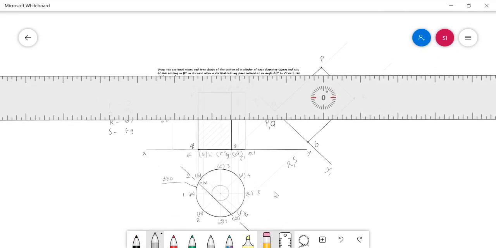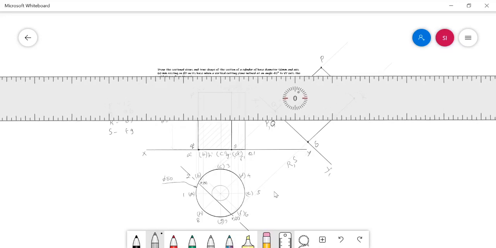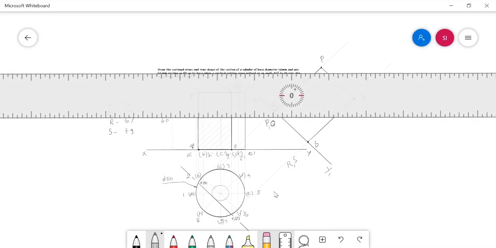And the surface obtained by connecting the cut points can be hatched.